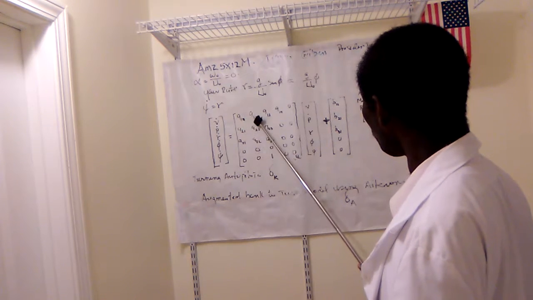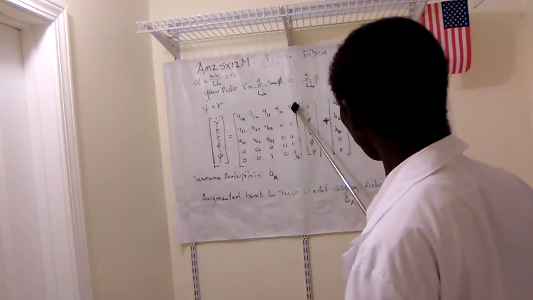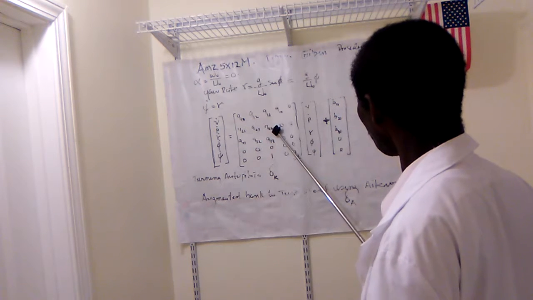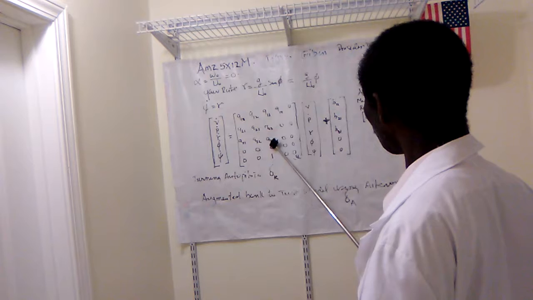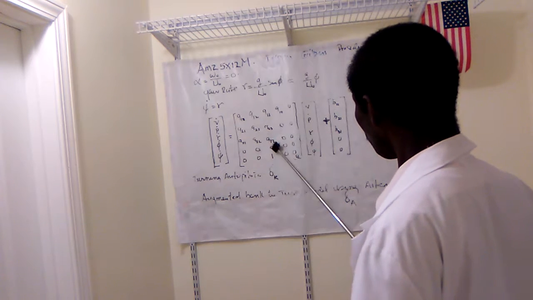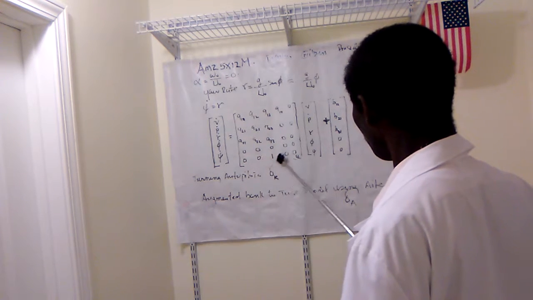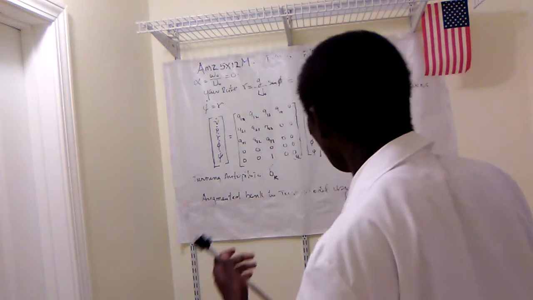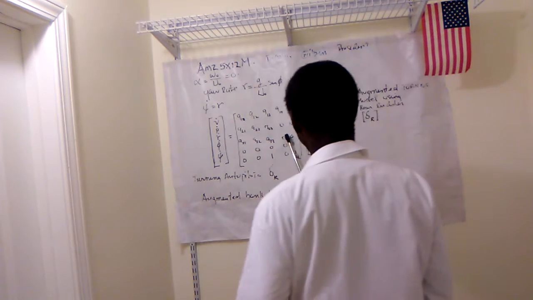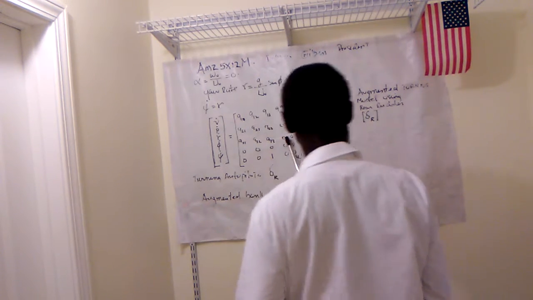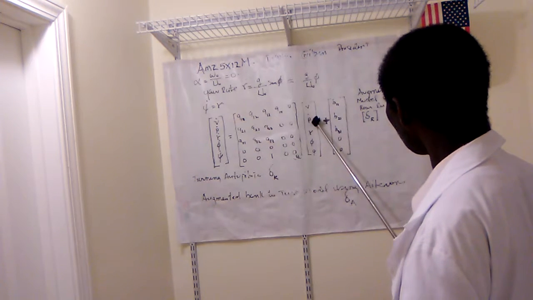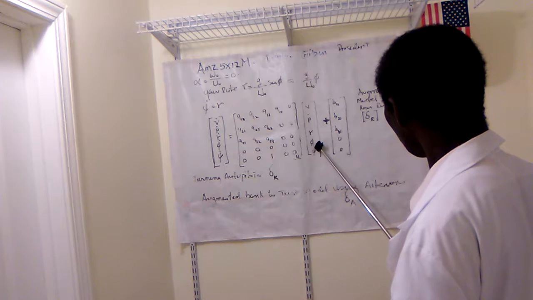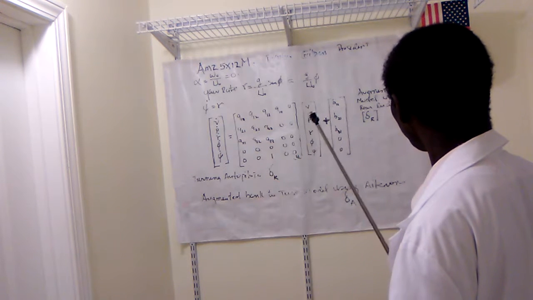A11, A12, A13, A14, 0, A21, A22, A23, 0, 0, A31, A32, A33, 0, 0, 0, 0, 0, 0, 0, and 0, 0, 1, 0, 0. And that completes the elements of this 5x5 matrix. And this is times V, P, R, psi, and phi.